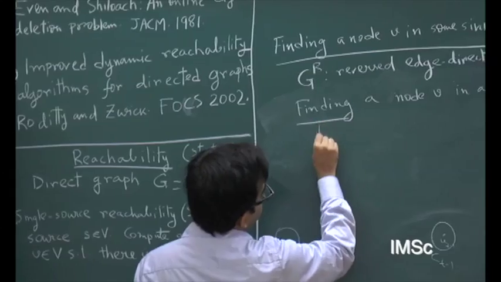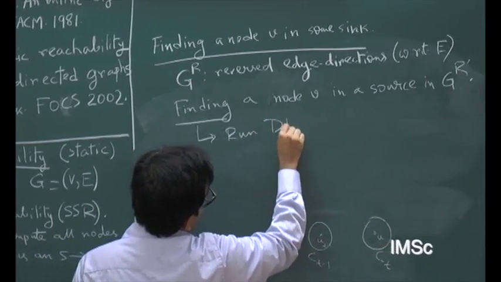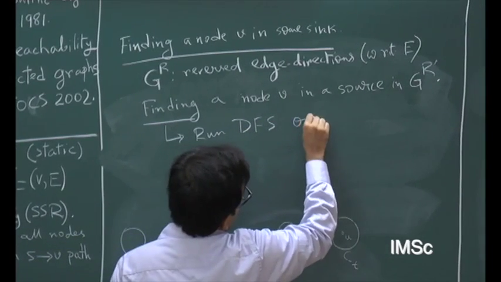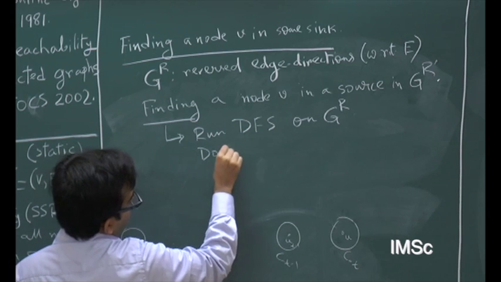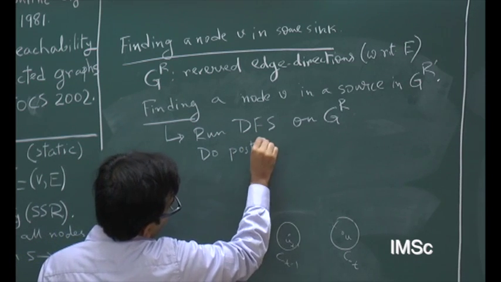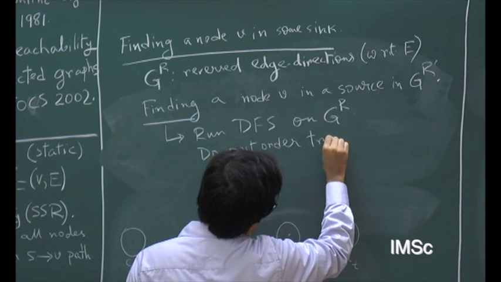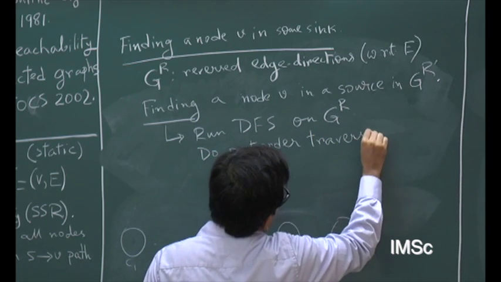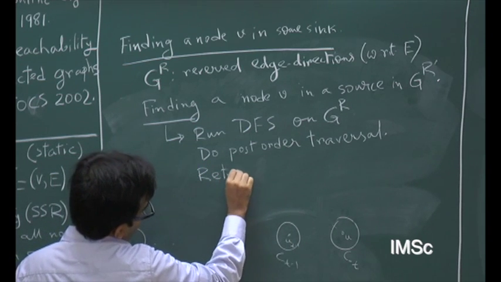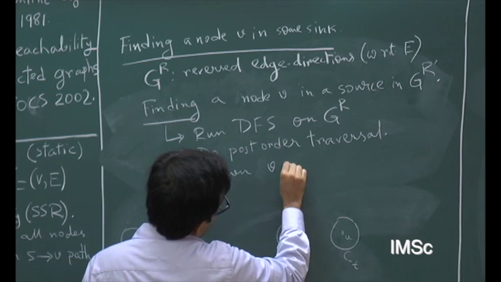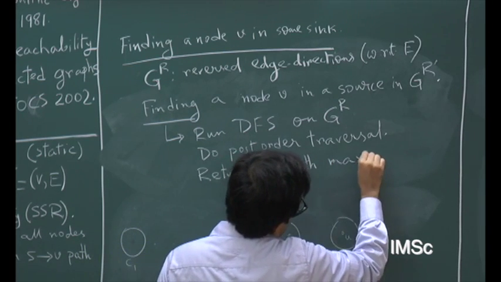So, for doing this, what you do? Run DFS on GR, do a post order traversal, and finally return the node V with maximum post number.